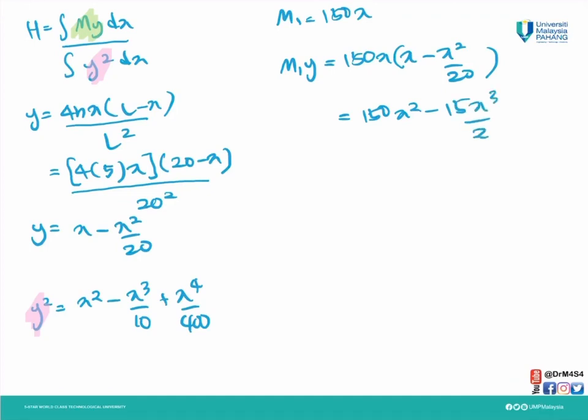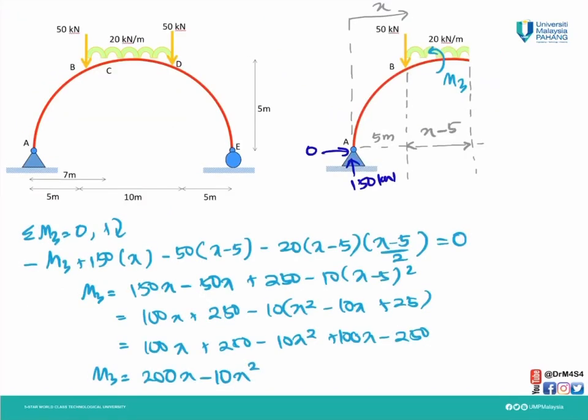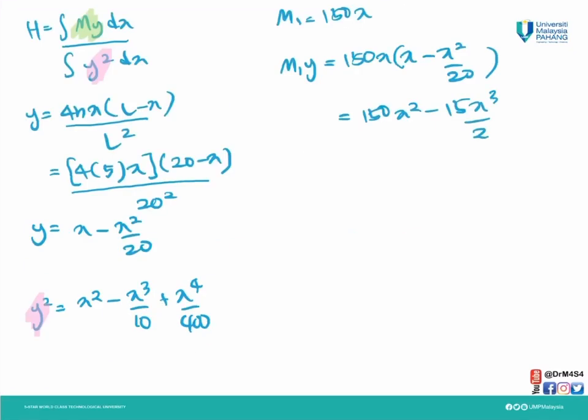So we know our M3 from here. So we can get our M3y, 200x minus 10 times x squared, times our y. Expand that, then we have the answer for M3y.